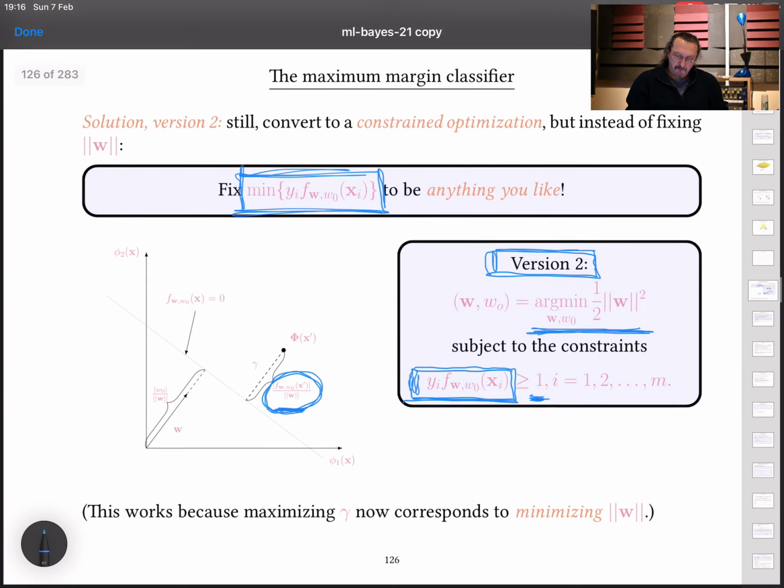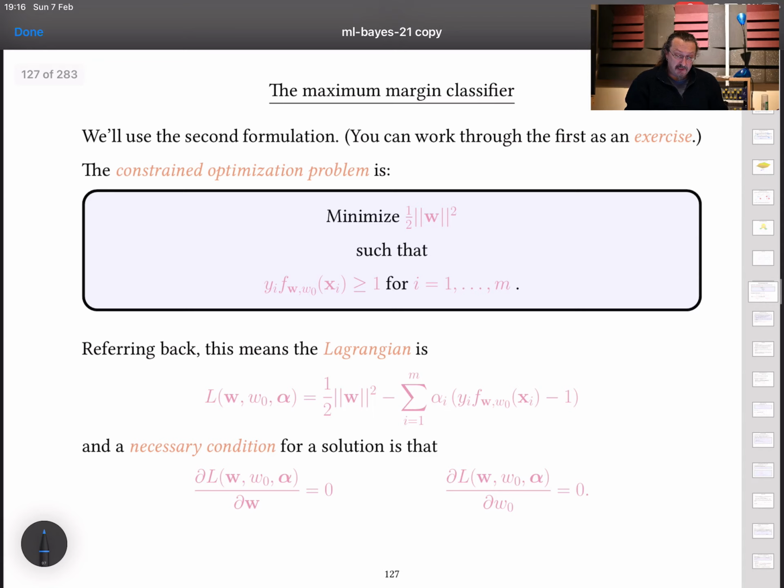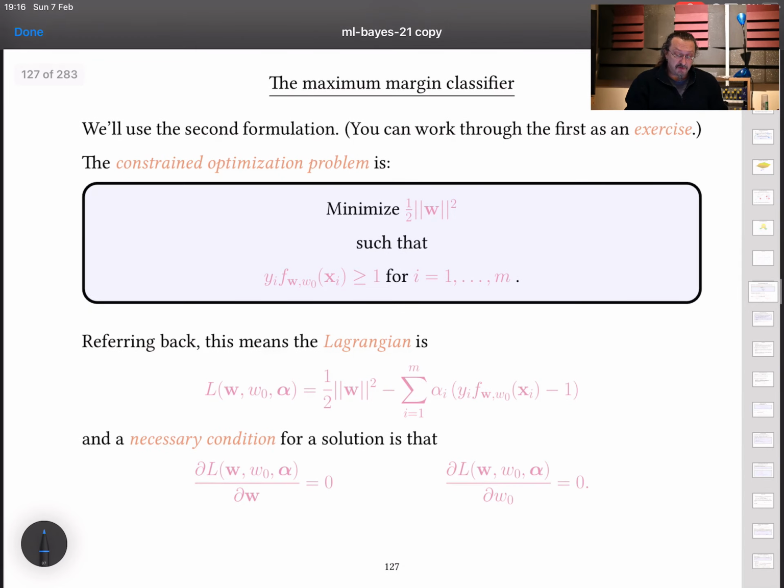In version 2, we're still optimizing what looks like a pretty straightforward function, just the length of W. And now it's subject to just m inequality constraints. That means we can now plug in the idea of the constrained optimization and turn the handle and see what happens. So I'll do that for the second formulation. If you do it for the first formulation, you'll basically find that you get the same conclusions.